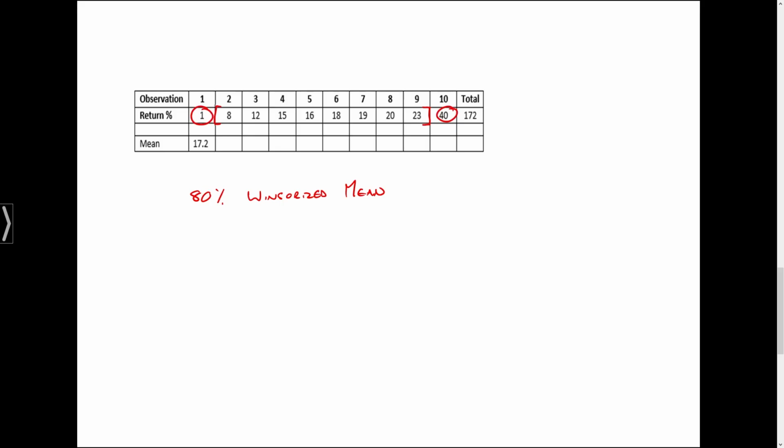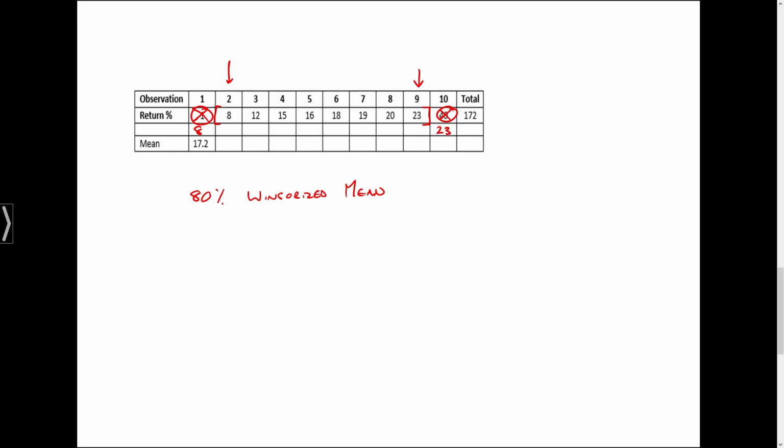And we're going to replace them with the 10th percentile and the 90th percentile. Now, the 10th percentile is 8, so I'm going to cross this figure out and replace it with 8. And the 90th percentile is this figure here, 23, so I cross this out and replace it with 23.